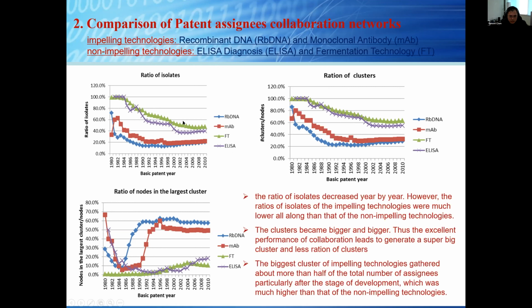Impelling technology is an important, huge contribution to the life sciences. The ratio of isolated nodes is lower.